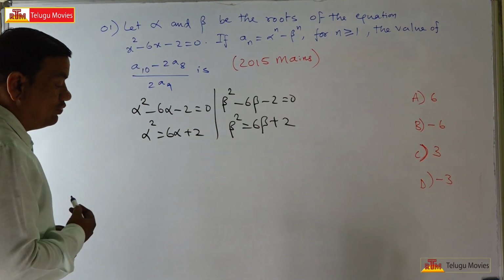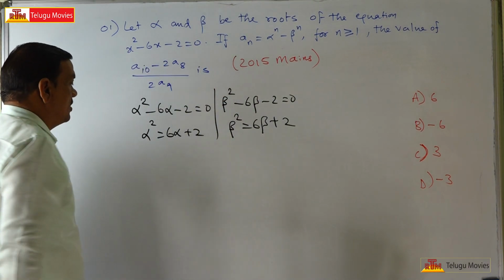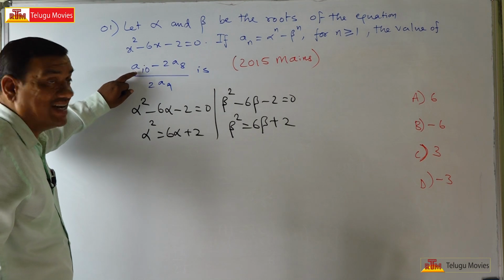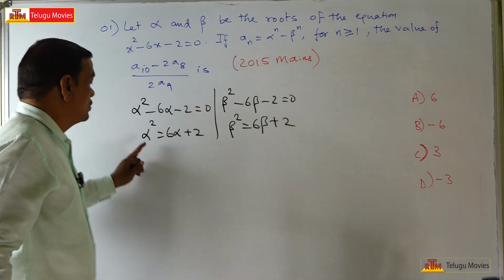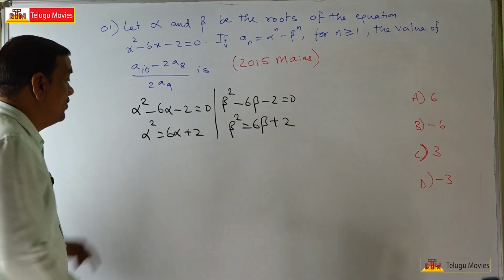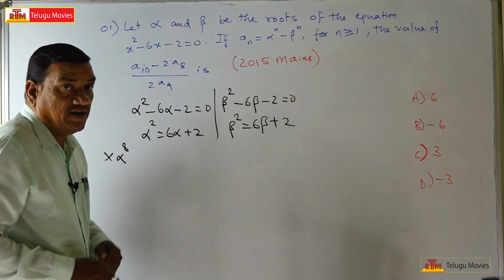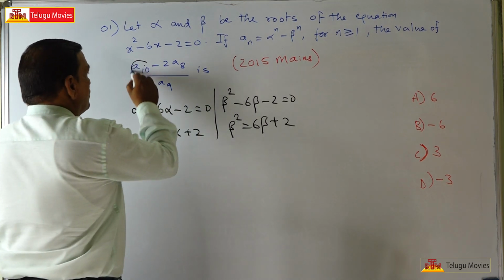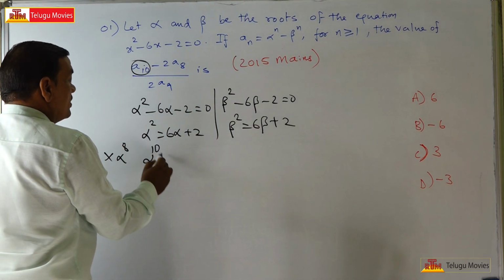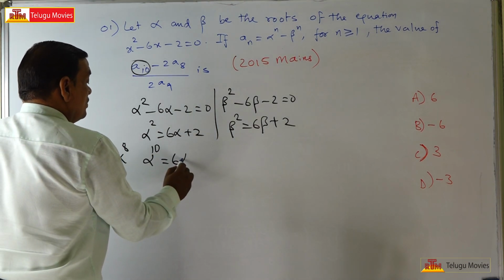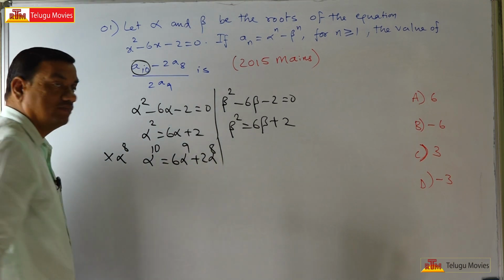Next, we want first alpha power 10, to get a10. Alpha power 10, how will we get it? If you multiply with alpha power 8, you get alpha power 10 is equal to 6 into alpha power 9 plus 2 into alpha power 8.